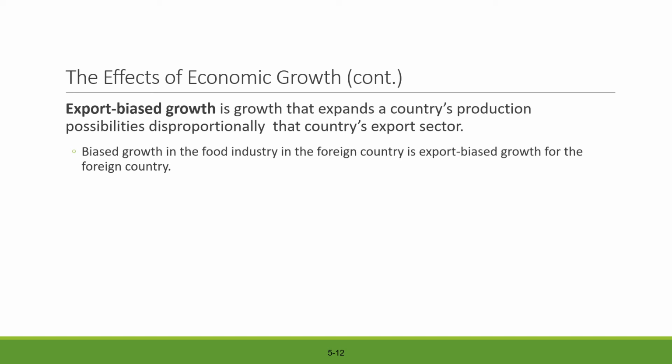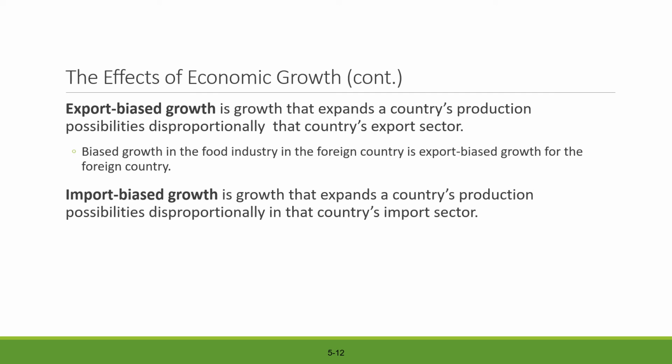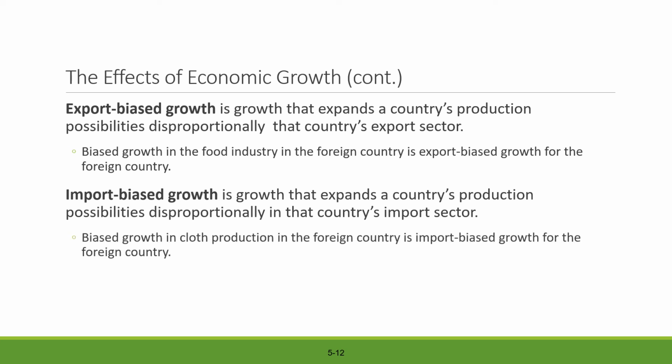Now, biased growth in the food industry in the foreign country is export-biased growth for the foreign country because they are exporting food, but it is import-biased growth for us. Import-biased growth is growth that expands a country's production possibilities in the sector that it is importing. Biased growth in cloth production in the foreign country is import-biased growth for the foreign country.